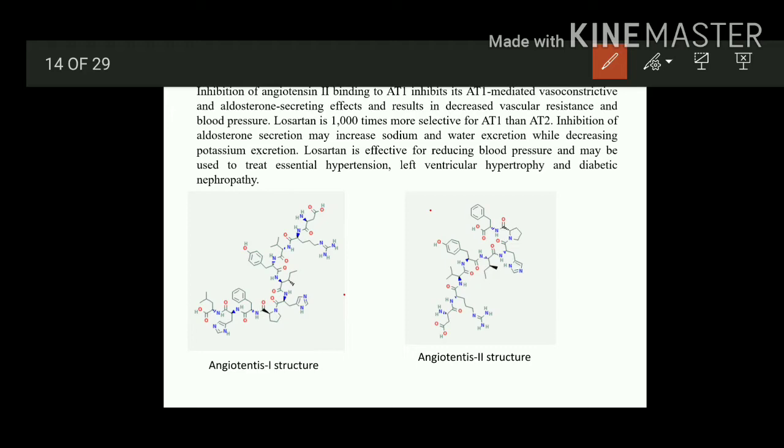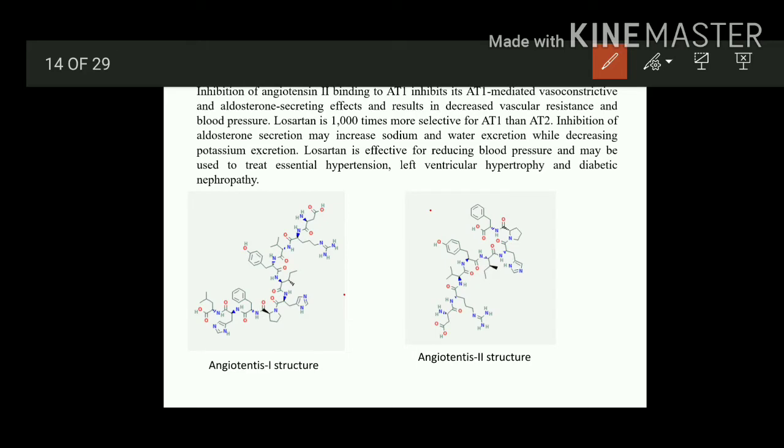Inhibition of aldosterone secretion finally leads to increasing sodium and water excretion and decreasing potassium excretion. So losartan is effective for reducing blood pressure and may be used to treat essential hypertension, left ventricular hypertrophy and diabetic neuropathy.